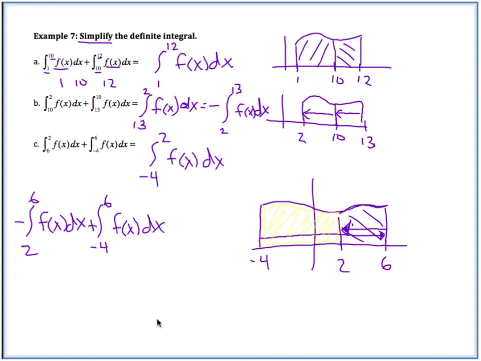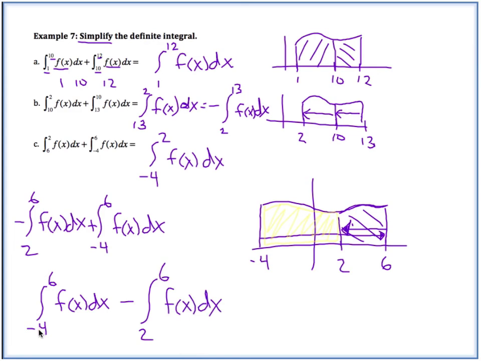And that's added together. Now, if we switch this around, we can see this a little more clearly. So it would have been negative 4 to 6 f of x dx, which is the second definite integral, and then it would be minus the integral from 2 to 6 of f of x dx.